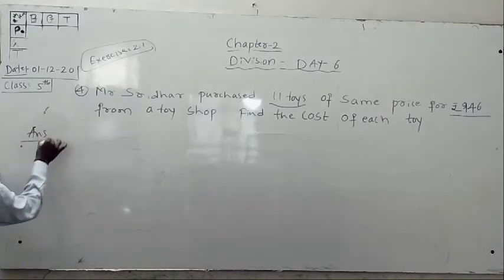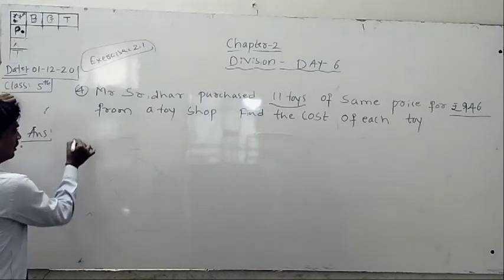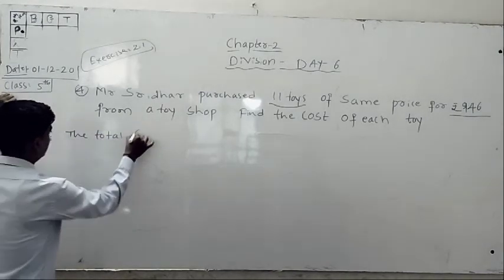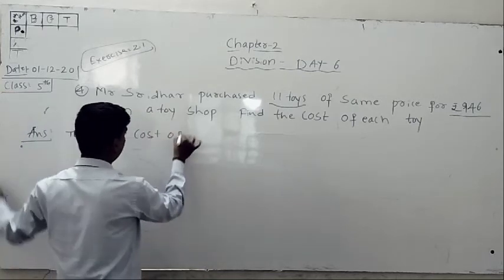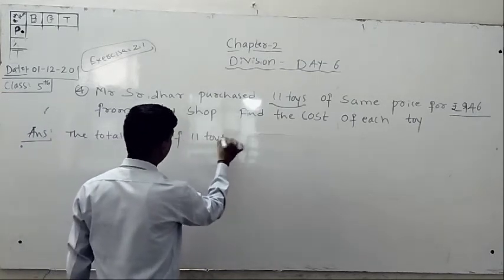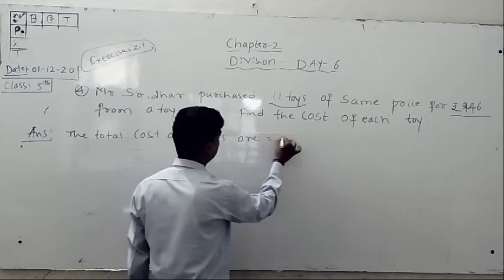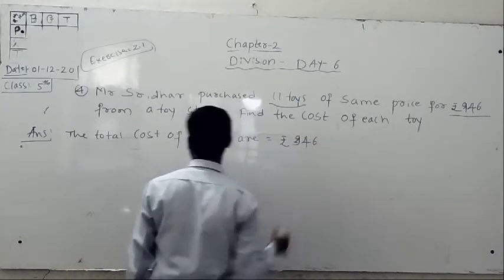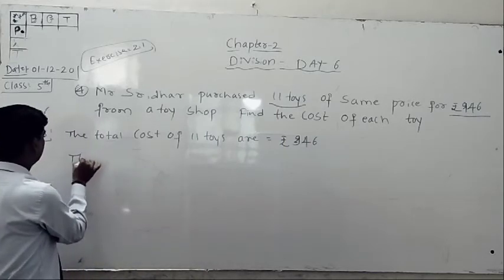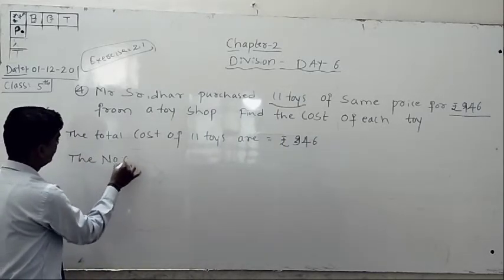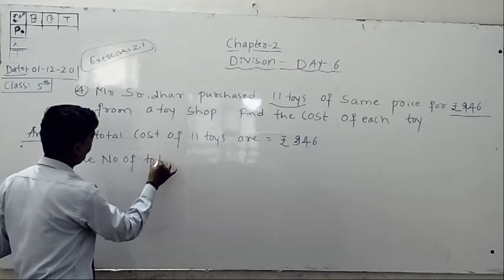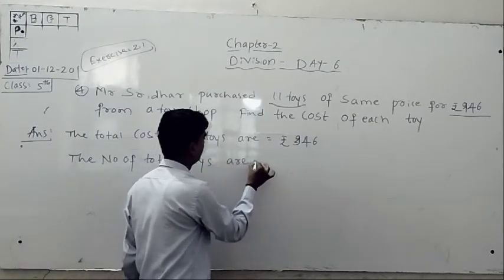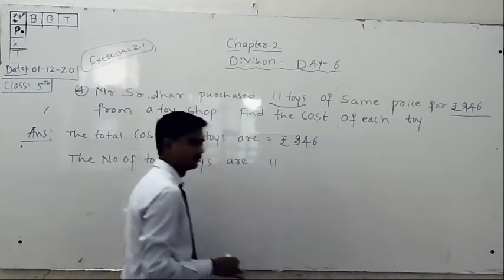Answer: the total cost of 11 toys is rupees 946, and the total number of toys is 11.